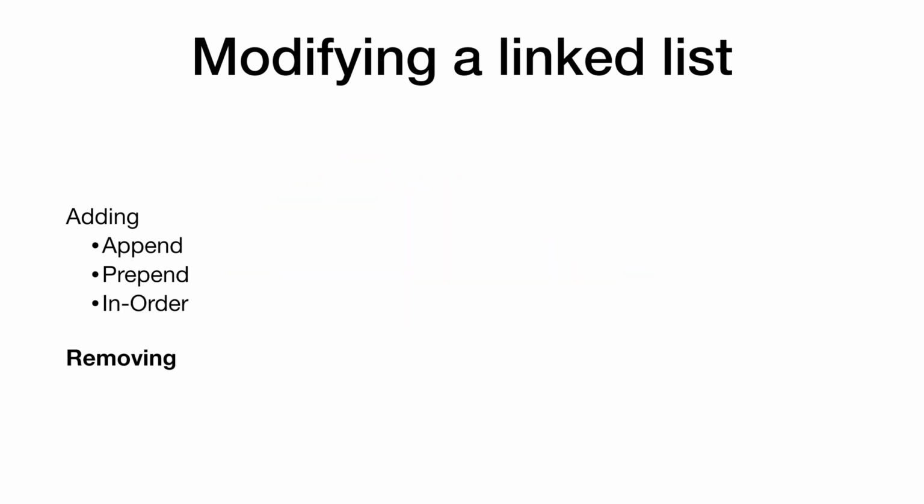The next thing we might need to do to modify a linked list is to remove things. So let's assume again that we have some linked list that points to null.